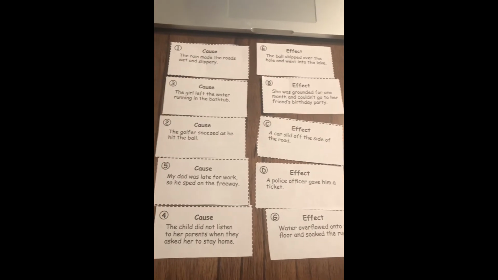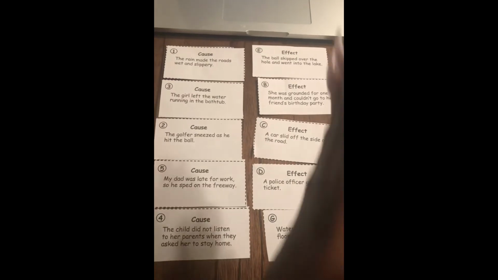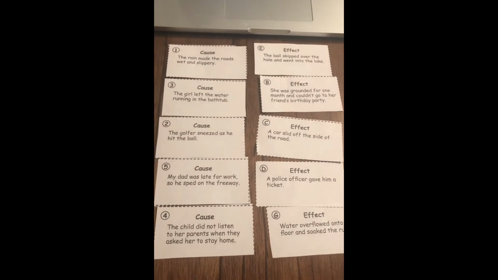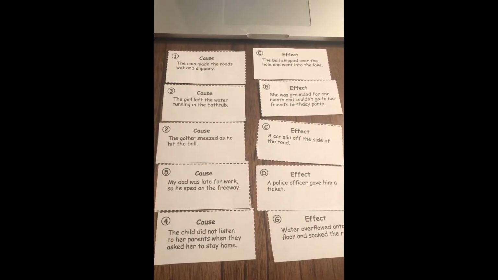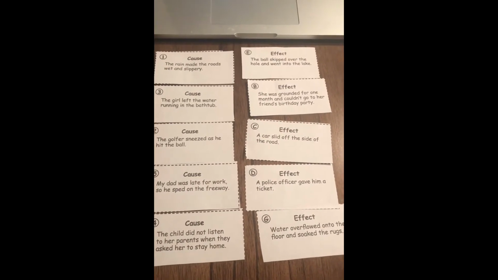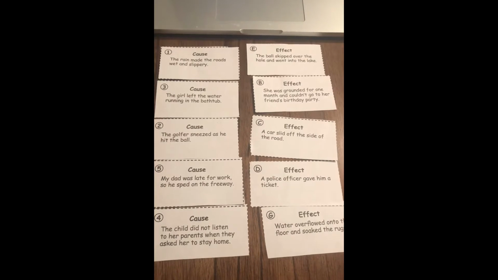And so I have cause cards over here and effect cards over here. I'm going to rearrange the effect cards to match the cause. So the rain made the roads wet and slippery. I'm going to read until I find the effect that matches it. The ball skipped over the hole and went into the lake. Nope.